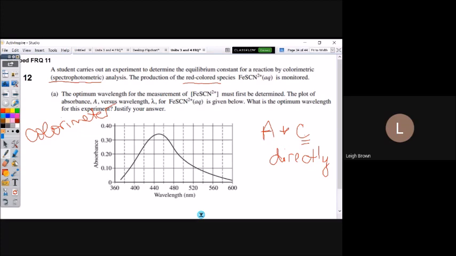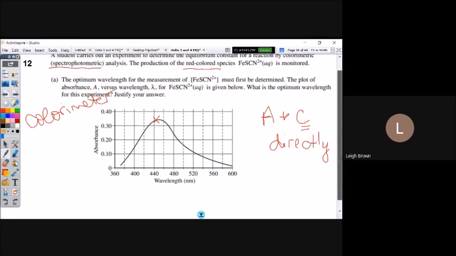So the question here is, what is the optimum wavelength for this experiment? This is what I want to set my instrument to. I just want to pick the wavelength of maximum absorbance, and here it's about 450. If you're within around 450 nanometers, you would have gotten credit for that.